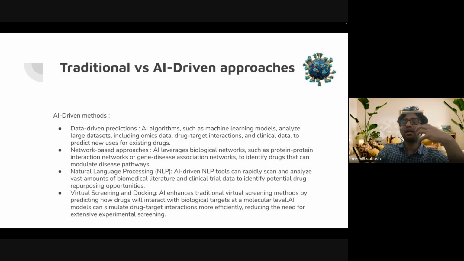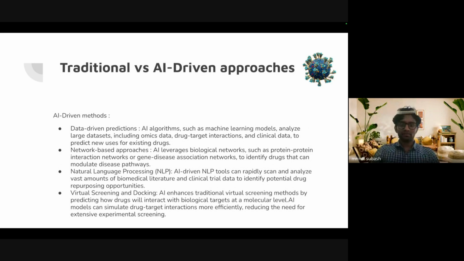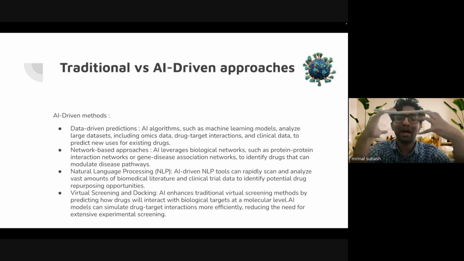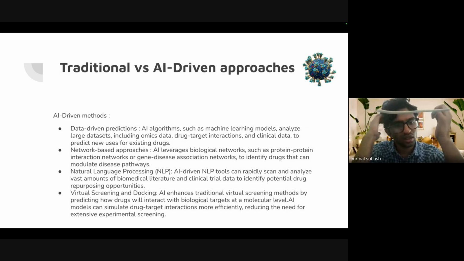So in AI driven methods, we have data driven predictions, right? AI algorithms like machine learning models analyze large data sets. So they analyze data sets that include omics data, drug target interactions, and clinical data.